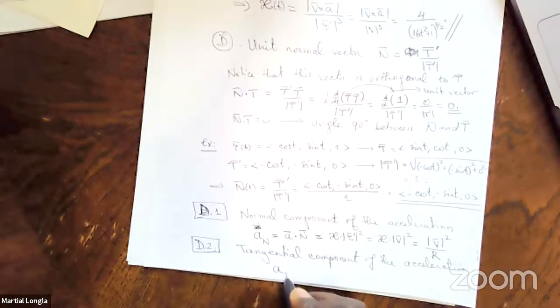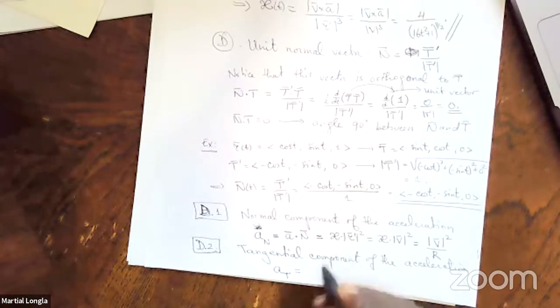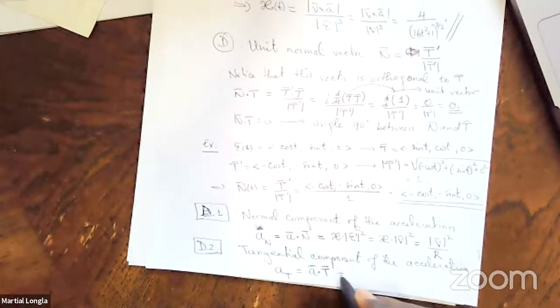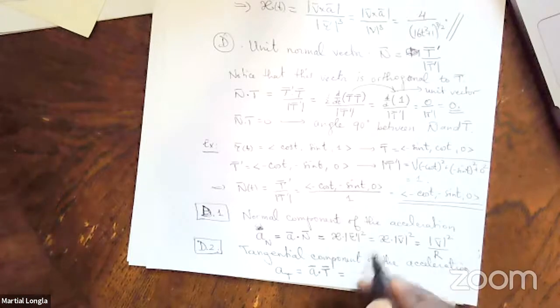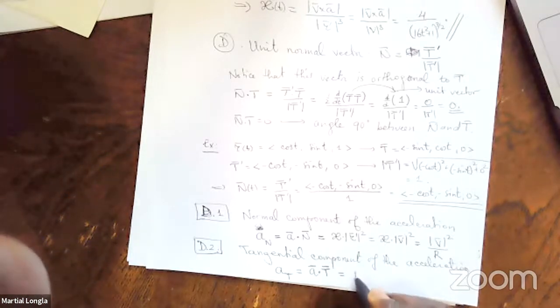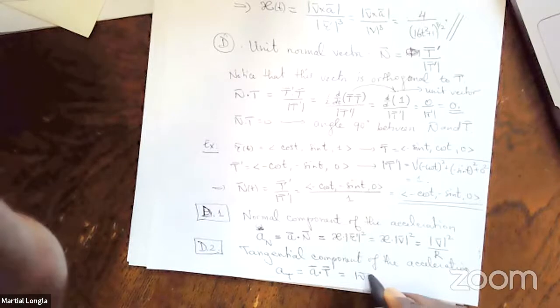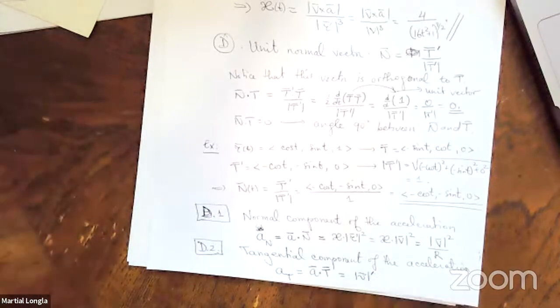A_T is equal to the acceleration dot product with the unit tangent. If you know just the velocity, then it's the magnitude of v prime.